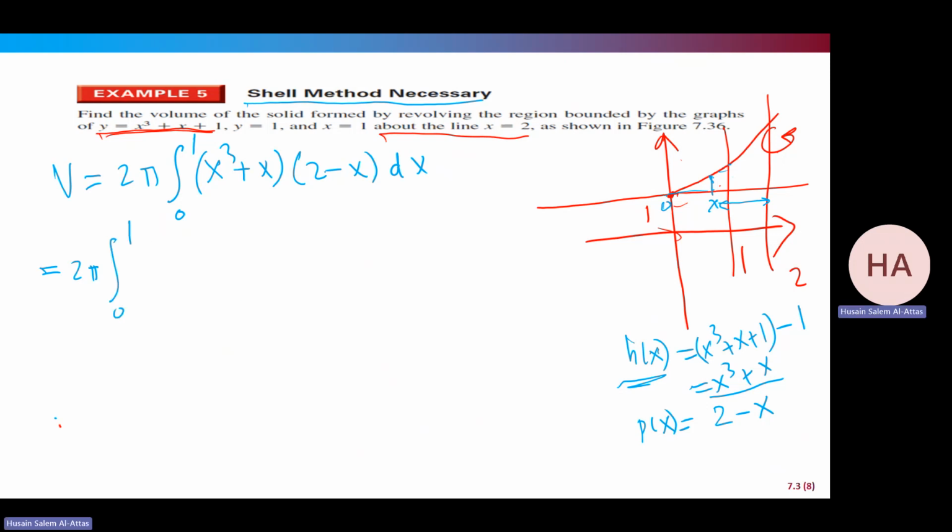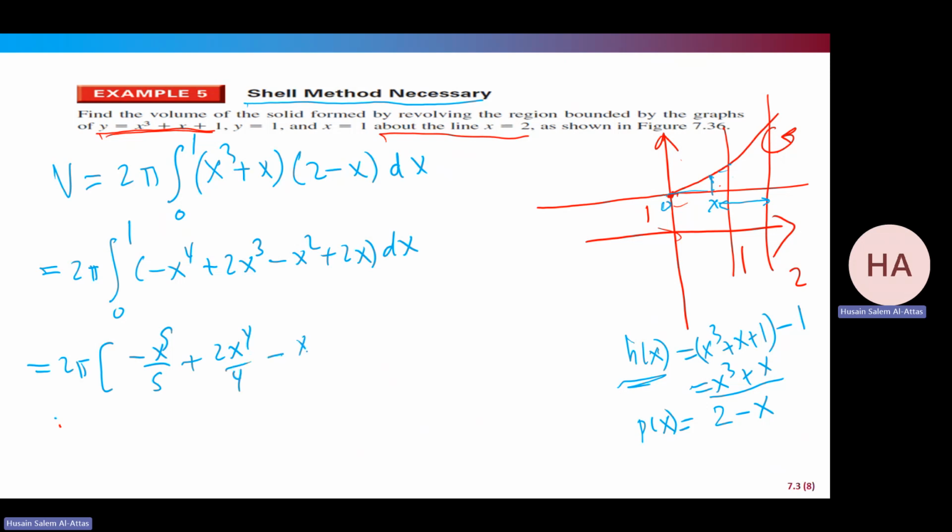From 0 to 1, I have minus x to the power 4 plus 2x cubed minus x squared plus 2x dx, which I can integrate now. Minus x to the power 5 over 5, plus 2x to the power 4 over 4, minus x cubed over 3, plus x squared, from 0 to 1. 0 will make nothing. So I have 2π times minus 1 over 5, plus a half, minus 1 over 3, plus 1.